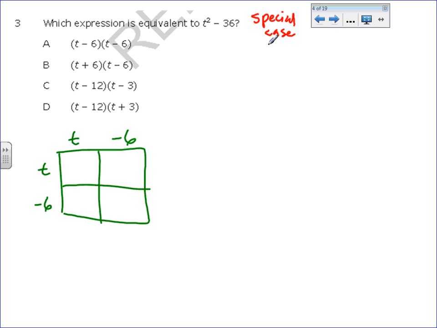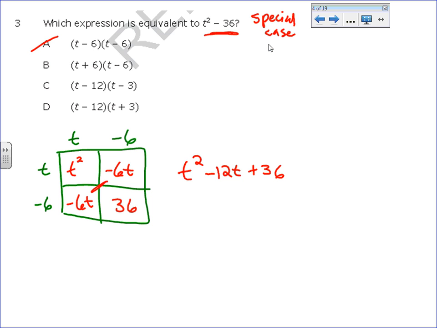When I fill it in, I'm going to get t squared minus 6t minus 6t plus 36. So that's going to be t squared minus 12t plus 36. Well, that is not the answer, so that's not going to work. And then I would go to the next problem, etc.